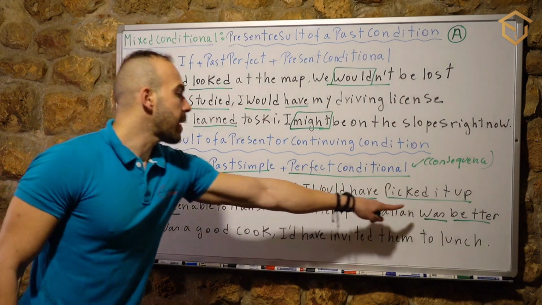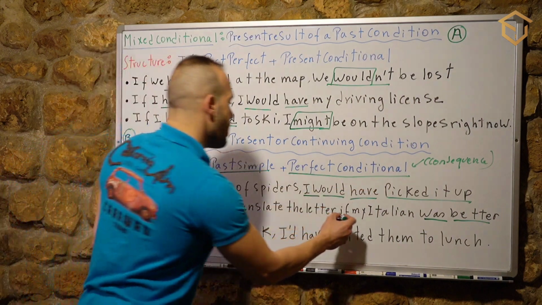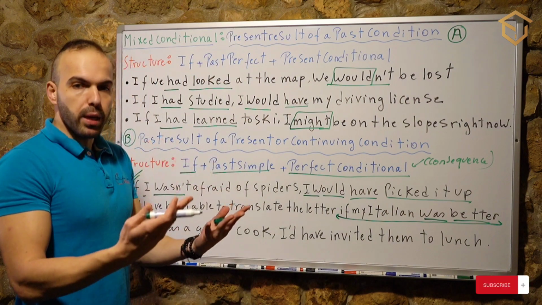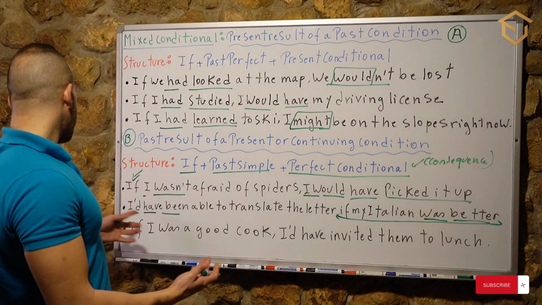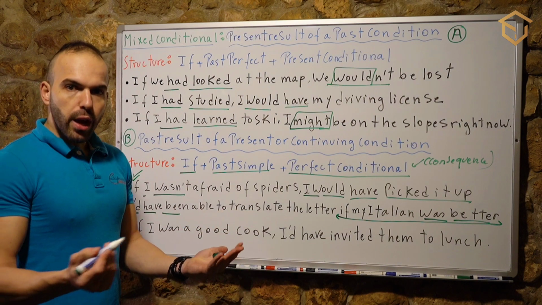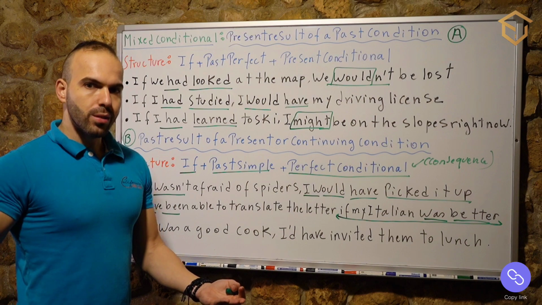But actually my Italian is not good. So this refers to an unreal present situation because I don't speak good Italian. And it says here, I would have been able to translate, but actually I didn't translate. So it's an unreal past situation.